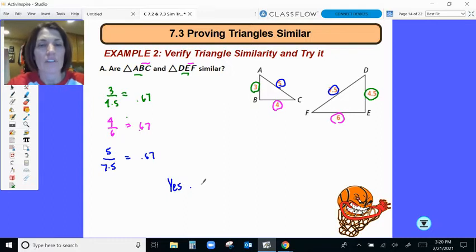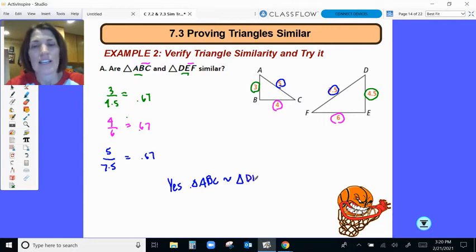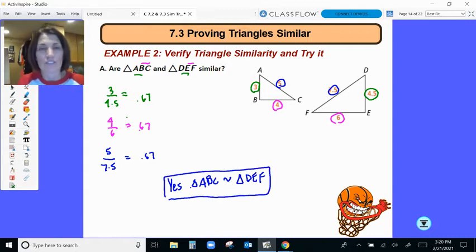Triangle ABC is similar, and my symbol for similar is a little squiggly line, a tilde, to triangle DEF. Not congruent, I'm sorry, similar. Triangle ABC is similar to triangle DEF, and that is by side-side-side similarity.